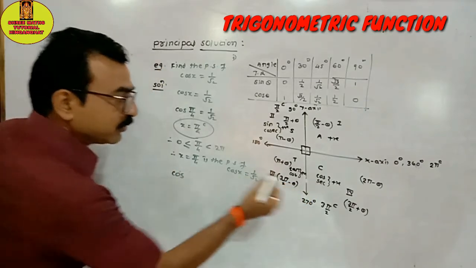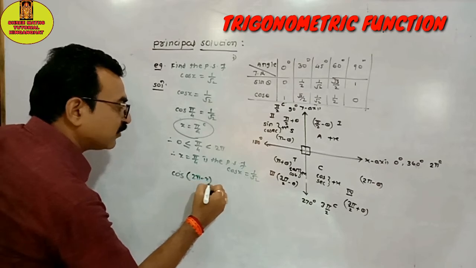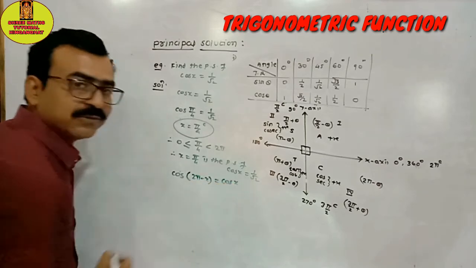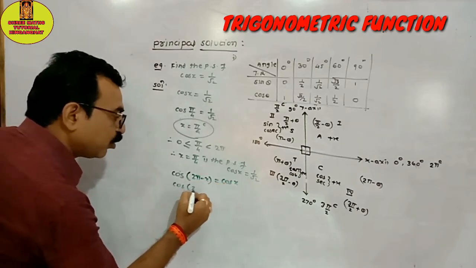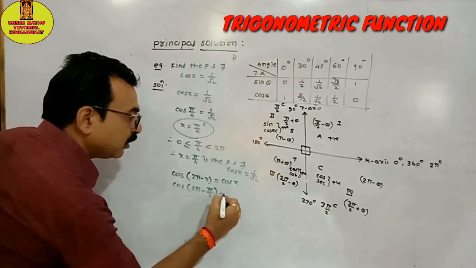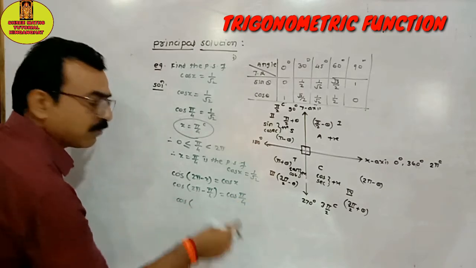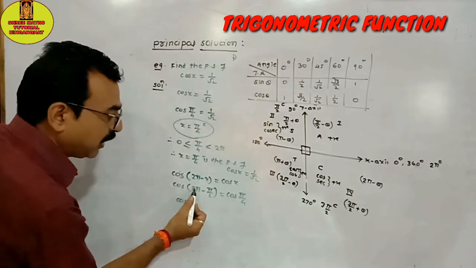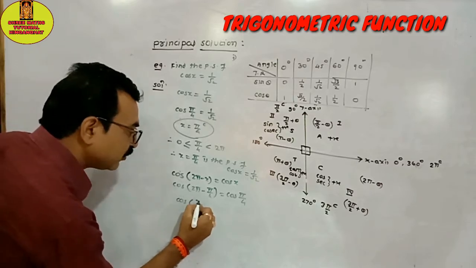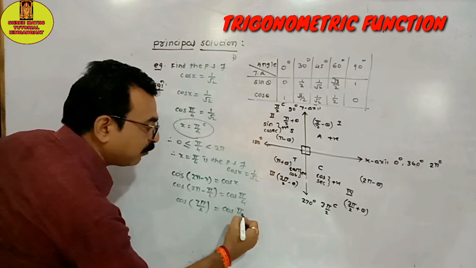So write down cos 2 pi minus theta. So cos of 2 pi minus x is equal to cos x. Now cos of 2 pi minus x, x means pi by 4, is equal to cos pi by 4. So perform the cross multiplication. 8 pi minus pi means 7 pi by 4 is equal to cos of pi by 4.